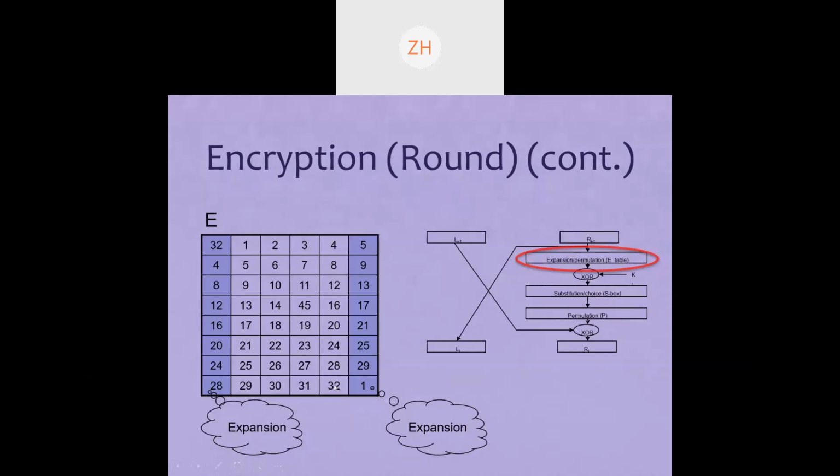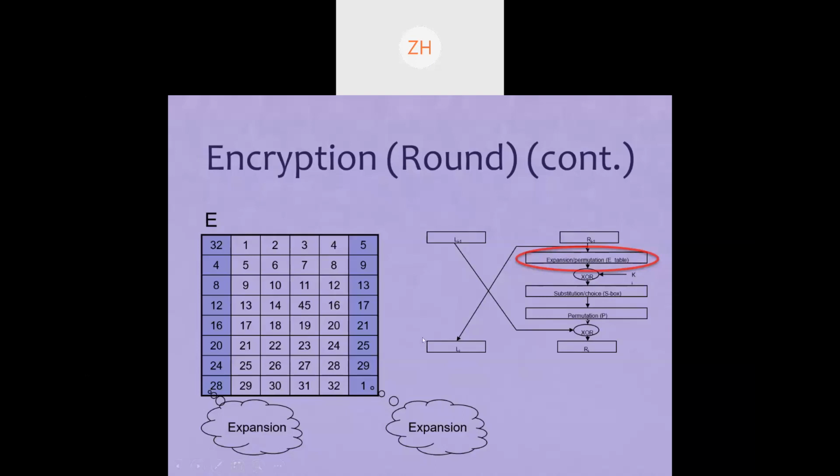Up to 32. After you see the pattern, after bit 32 there's no more bit, right? If it's bit 28, there will be the next bit 29. But after bit 32, there's no more bit because our input is only 32 bits.